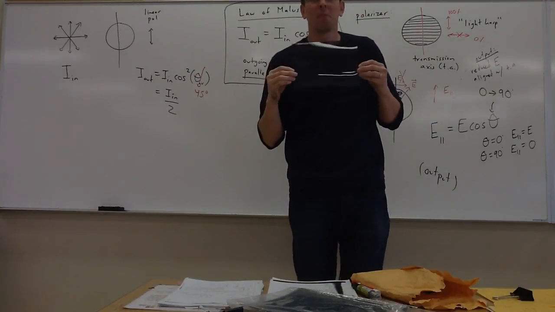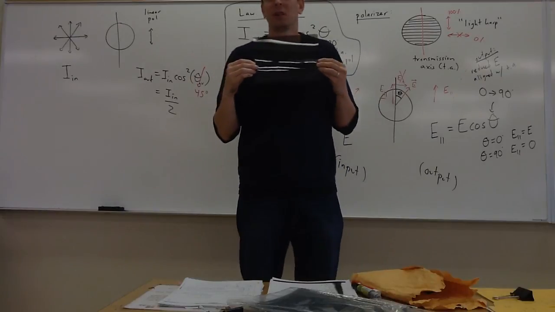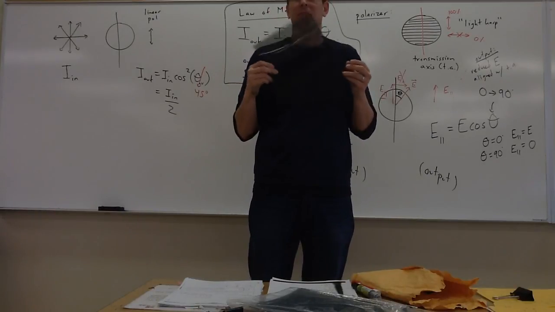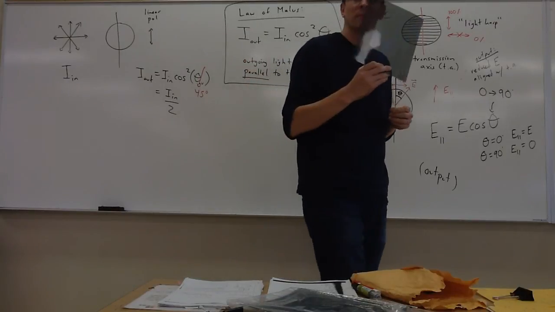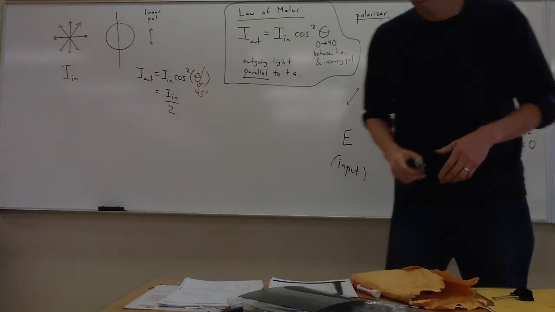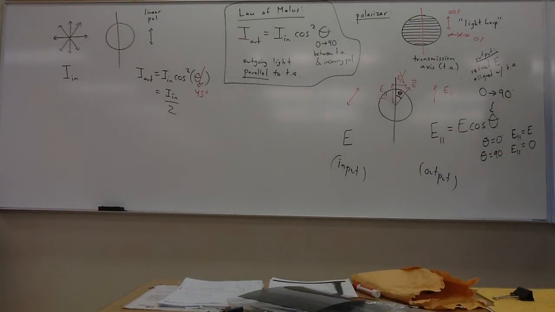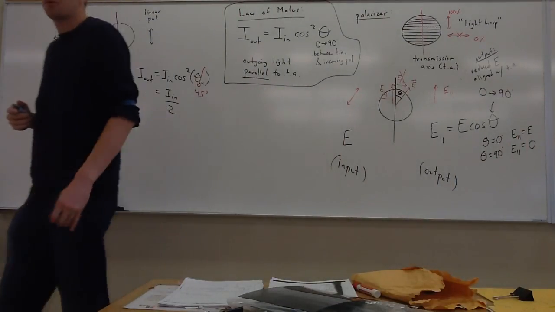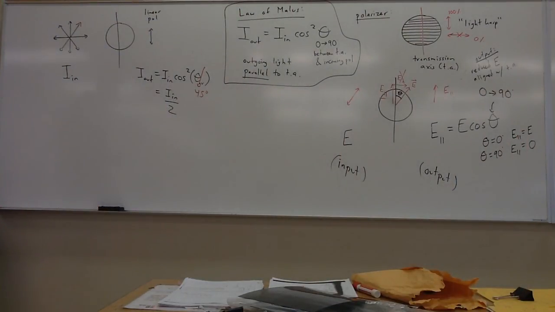That's because the unpolarized light from the room is going through it and its intensity is being reduced by half. Okay? See that? So that's actually a way to polarize light in the first place, is to send unpolarized light through a polarizer.